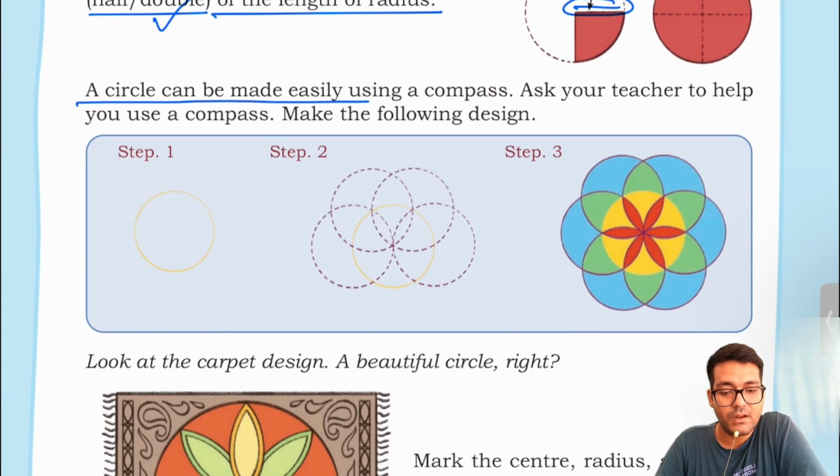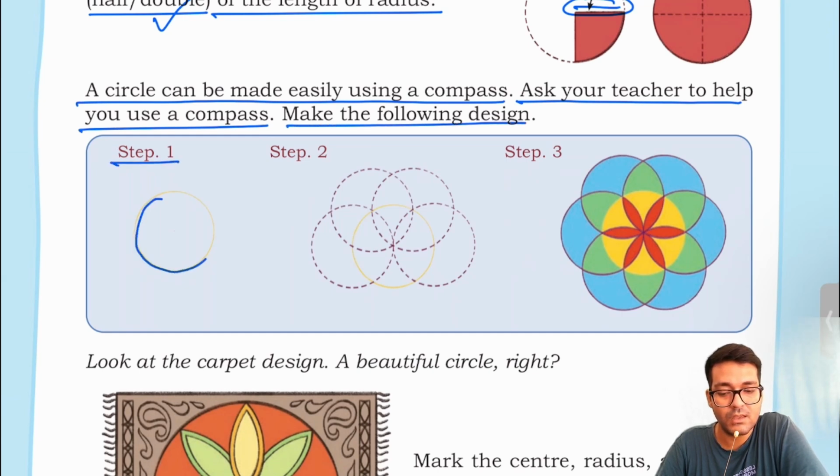A circle can be made easily using a compass. Ask your teacher to help you use a compass. Make the following design. Step 1. First, you have to make a circle like this. After making the circle, take different points at an equal distance on the circle.